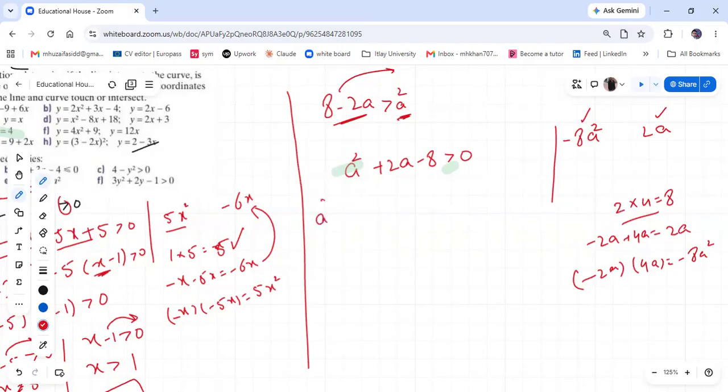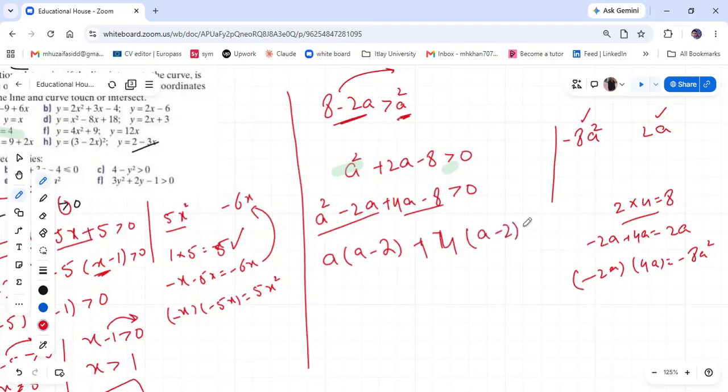Now we are making a square minus 2 of a plus 4 of a minus 8 is greater than 0. So from this side, if we take a common, this is a minus 2, and from this side we take the 4 common, so this is also a minus 2, and this is greater than 0.